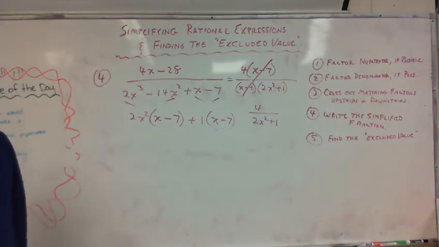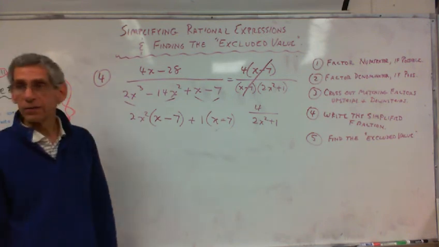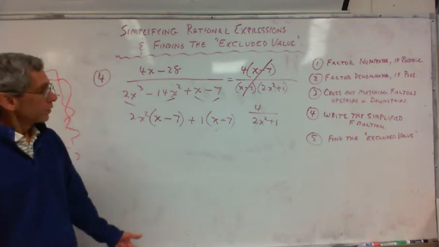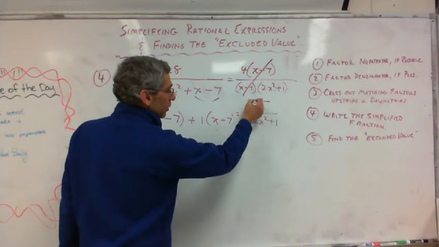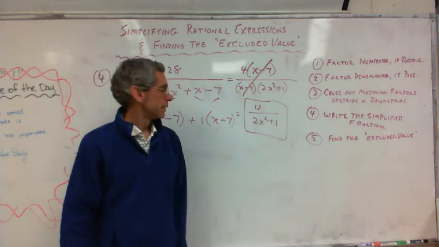The only problem with this one is it's going to be a little harder to find the excluded value. I'm not going to go into it right now because we don't have time. But that would be the simplified answer.